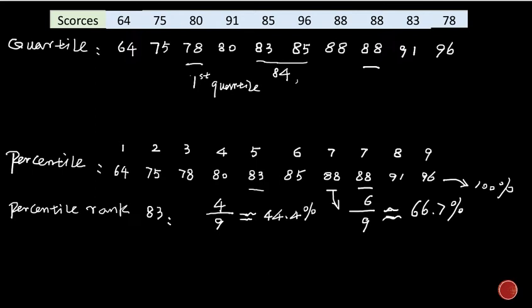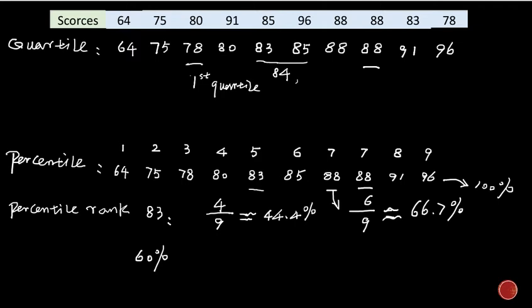Now we know how to calculate percentile rank. We switch the angle. If I ask you, please tell me, find the boundary for 60%.